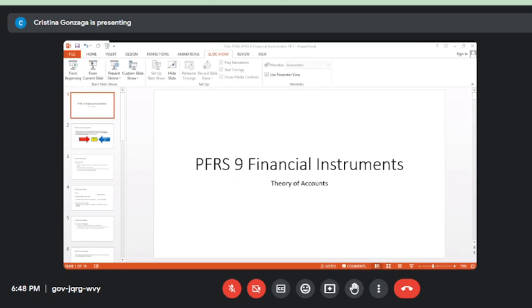So, ano ba ibig sabihin ng principal? When you say principal, it is the fair value of the instrument at initial recognition. Yun ang principal amount, which we recognize initially at fair value. Sabi nga natin, ang default is fair value. Ngayon, ano yung ibig sabihin natin ng payment of interest?